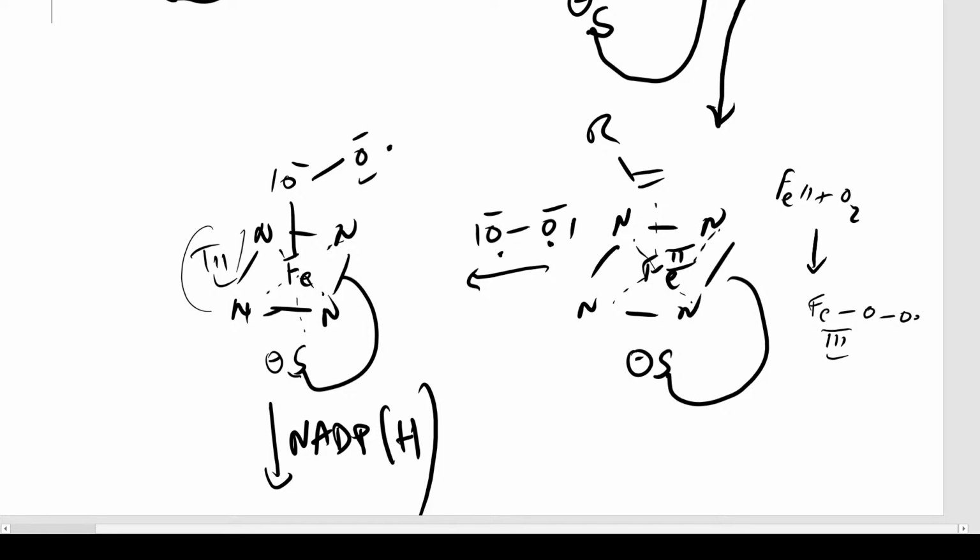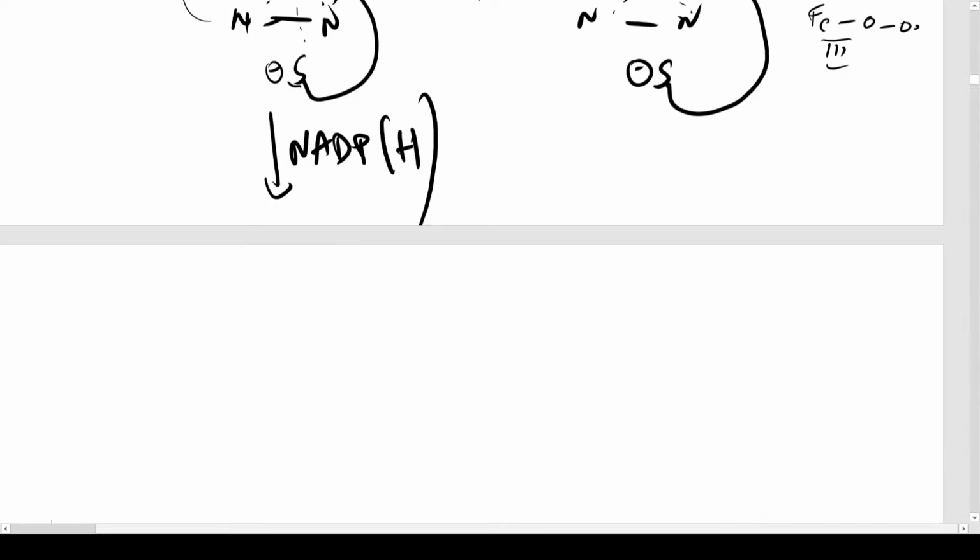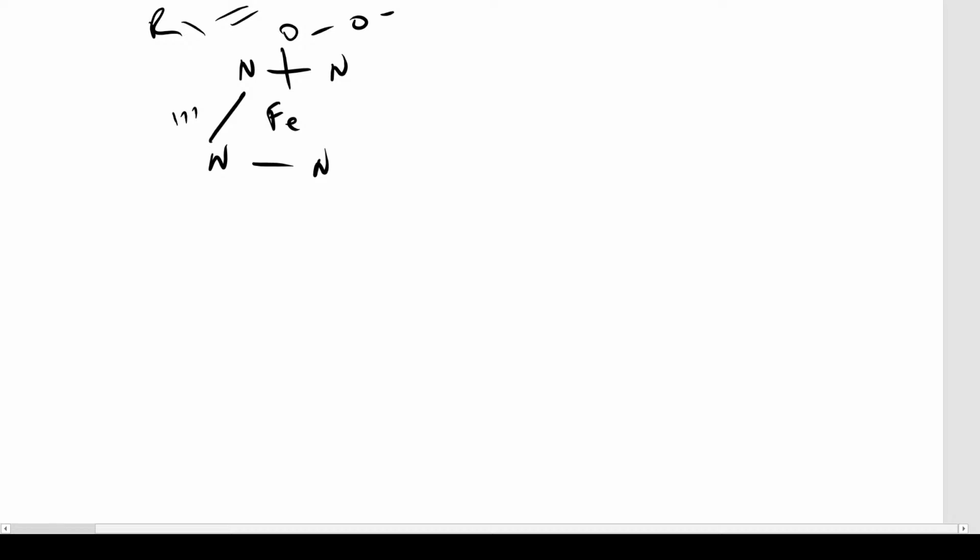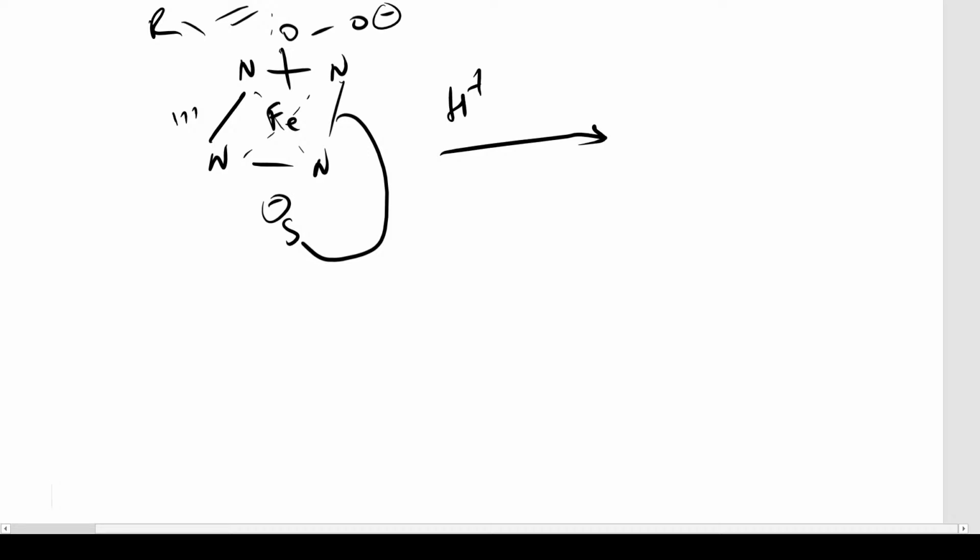So you get this compound, iron 3 O, and you have the substrate nearby, at apical. Upon acidification, negative charge.